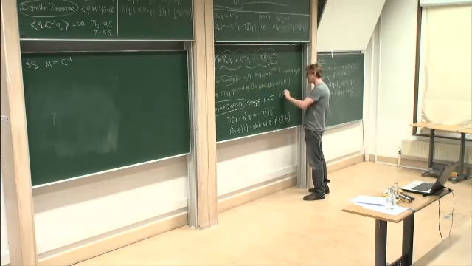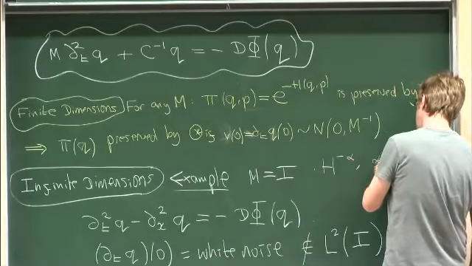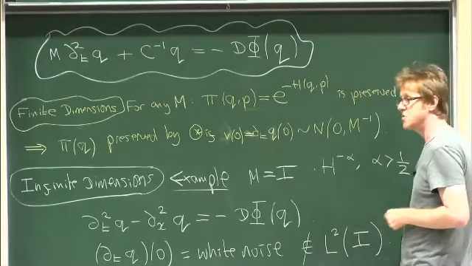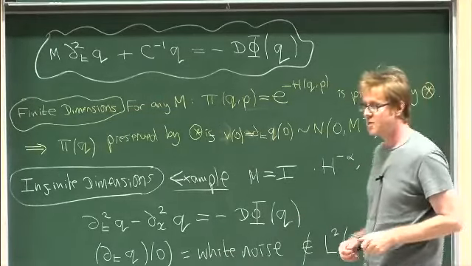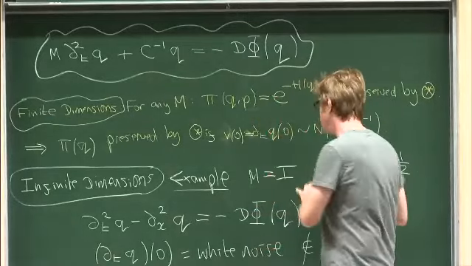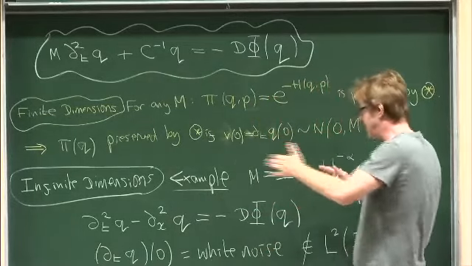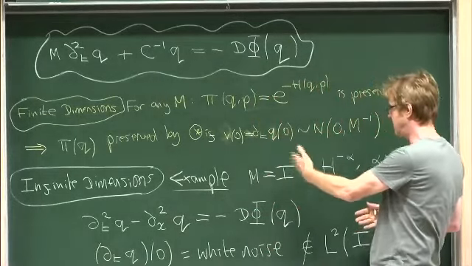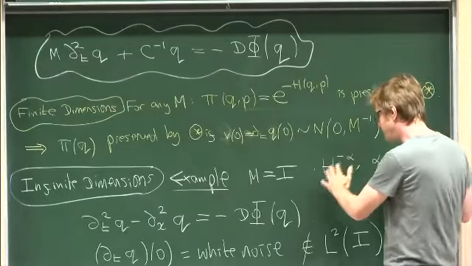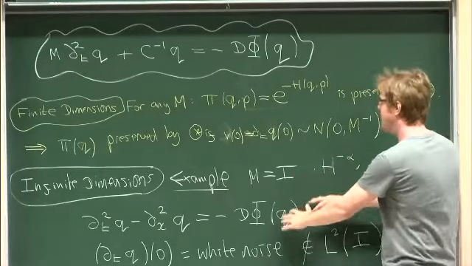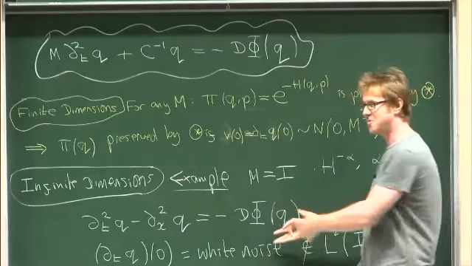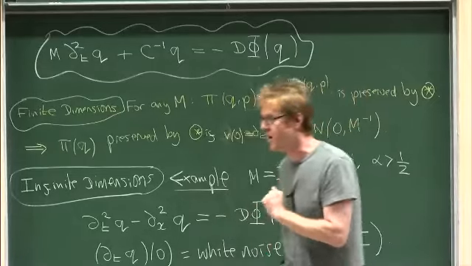H, let's think of another parameter, and alpha will have to be bigger than a half. So it will be trace class on that space. But making sense of white noise is something that's well understood in a Gaussian measure. So that you can deal with, but then propagating that kind of initial condition through the PDE, that's where the real hard thing is.